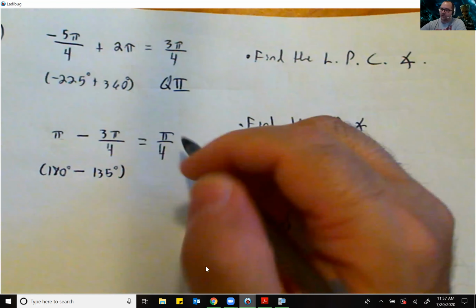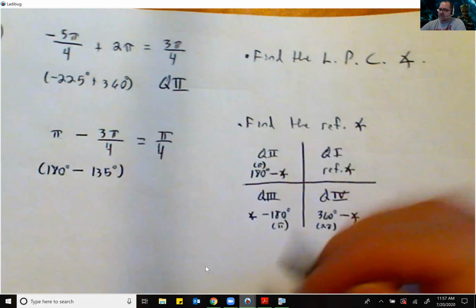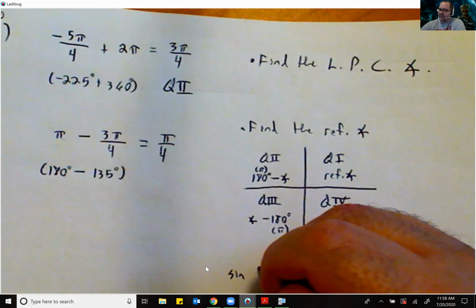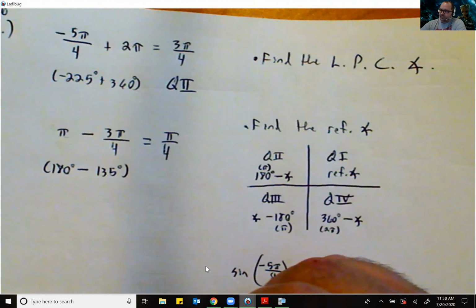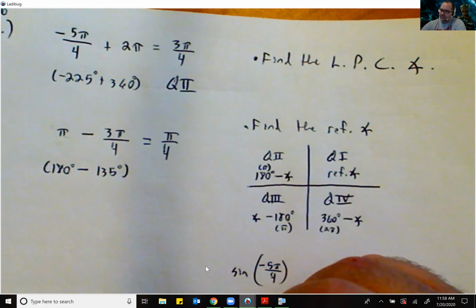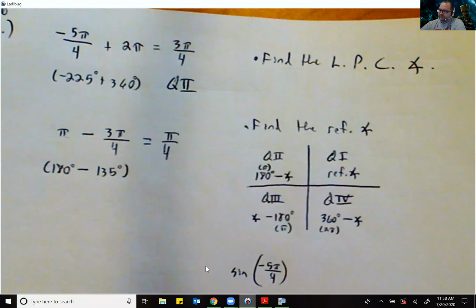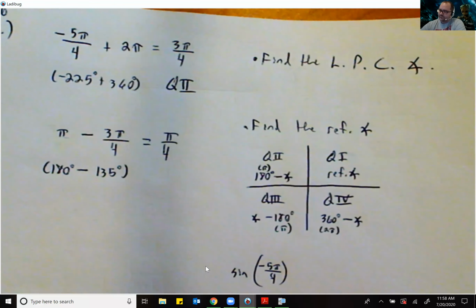So all these answers right here for this guy are going to be determined by pi over 4. So sine negative 5 pi over 4. So we can start to figure these answers out. Cosine negative 5 pi over 4. Tangent negative 5 pi over 4.